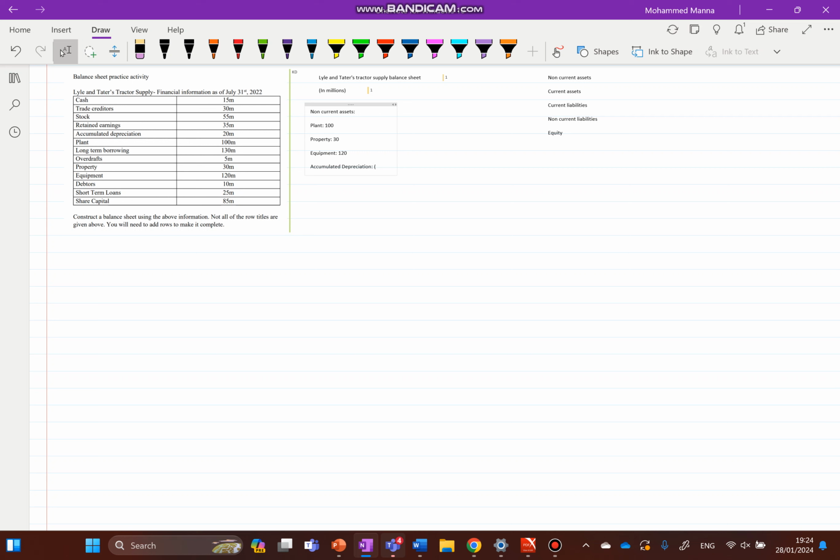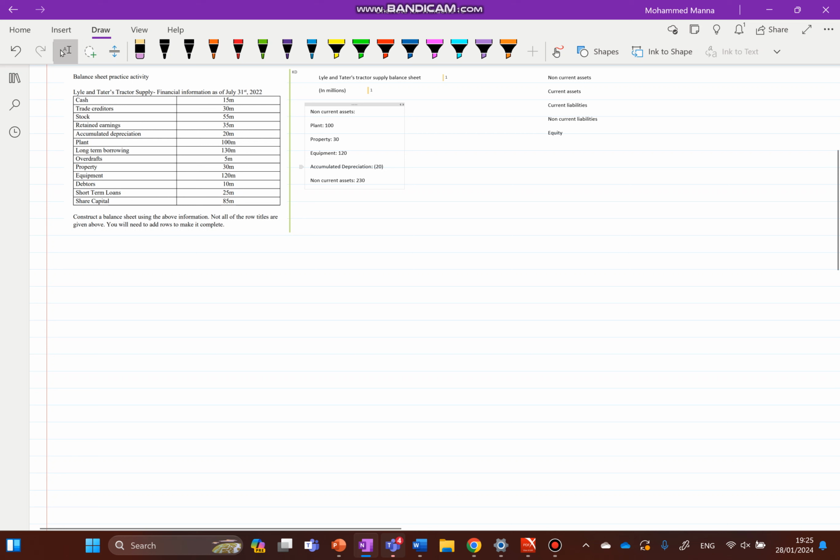And in brackets, because the business is losing money, instead of a minus you'd write it in brackets. And these are all the non-current assets, and after you're done with them, you add them up. In this case, you can use your calculator in the test, and they'd add up to 230. So you do 100 plus 30 plus 120 minus 20.